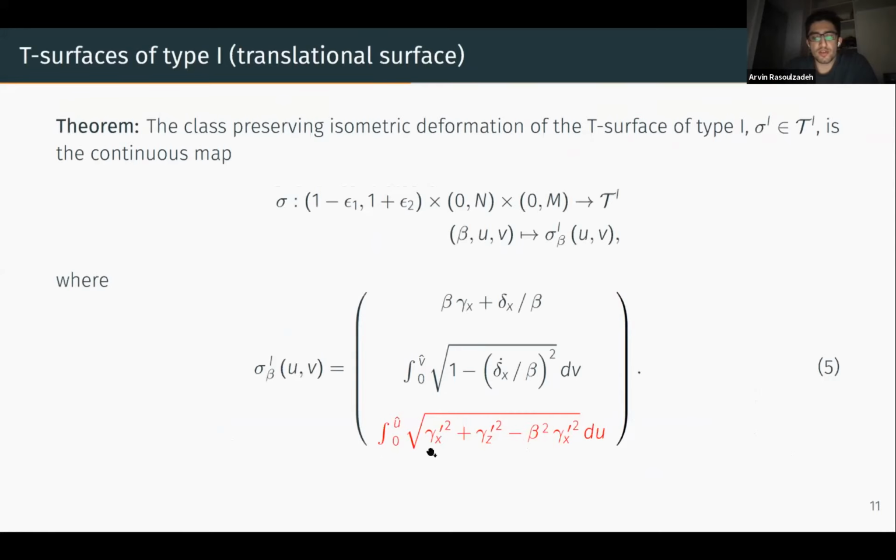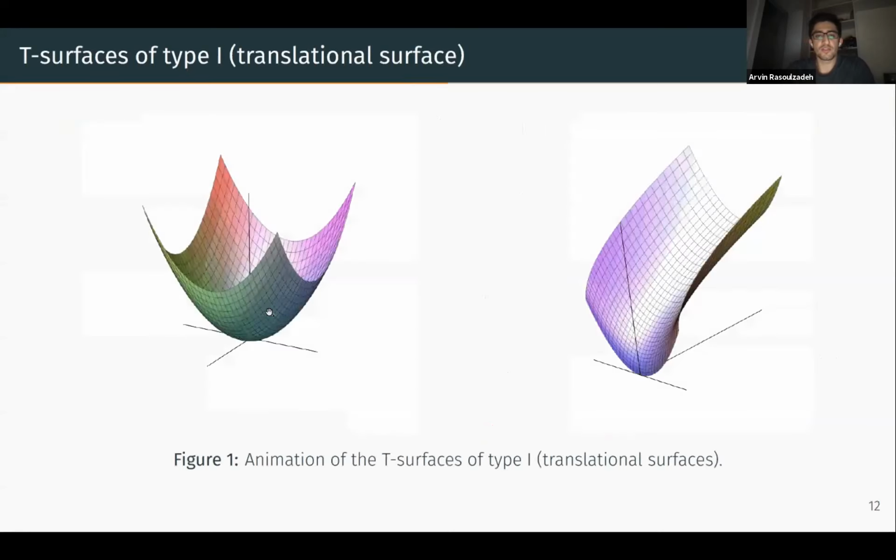The red part is just the deformed z coordinate of the profile curve, and the second entry is obtained from the arc length parametrization of the trajectory curve, and the first part shows how, of the trajectory curve and profile curve, one of them is squeezed and the other one is stretched, and this results in these animations.